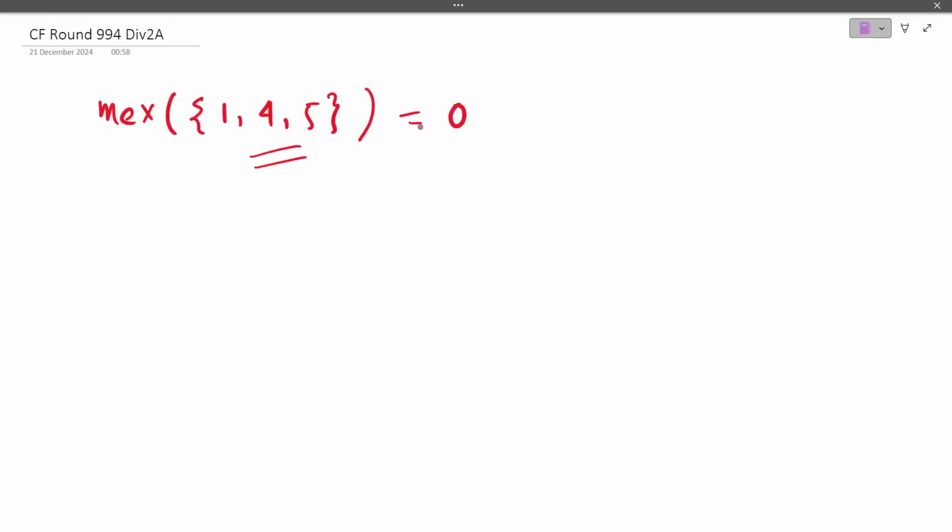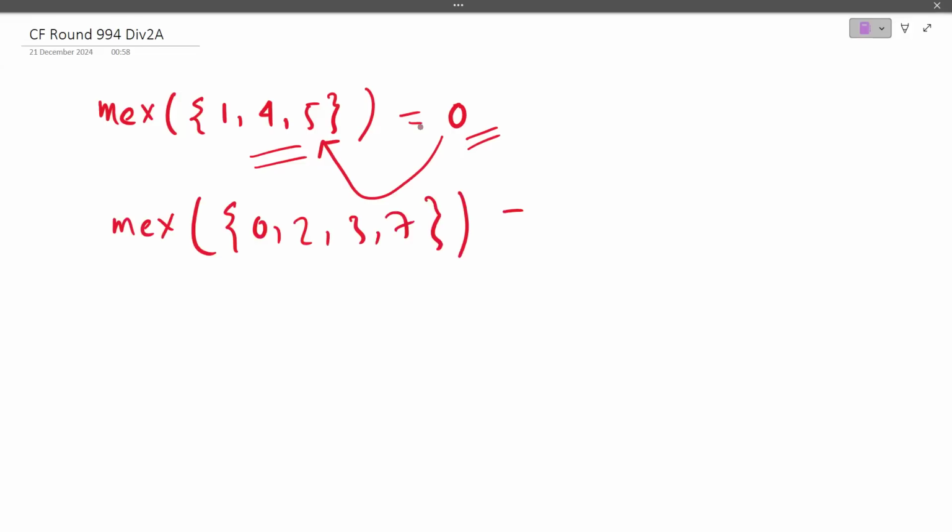In this case it is 0, because 0 is not present in the set, and it is the smallest such number. Similarly, the MEX of the set 0, 2, 3, and 7 will be simply 1, because 1 is the smallest non-negative integer which is not present in this set. I hope the definition of MEX is clear.